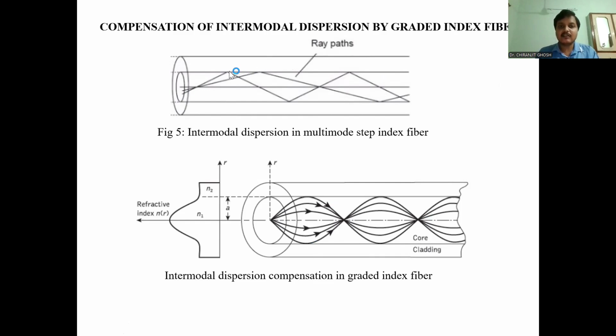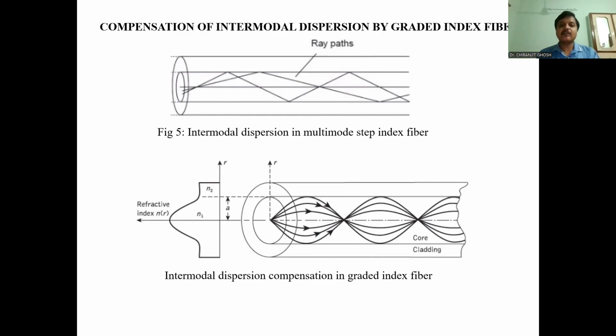Here the intensity loss was much more because every ray was touching the cladding boundary. Here only the outer boundary rays are touching, so the intensity is much higher in graded index fiber. That is why graded index fiber has two main advantages. One is dispersion: intermodal dispersion is very much less in graded index fiber compared to a multimode step index fiber.